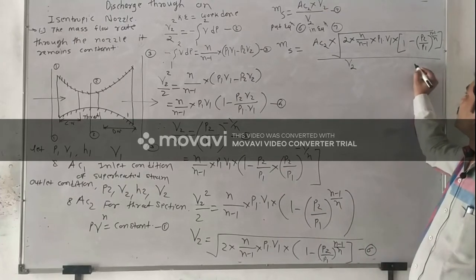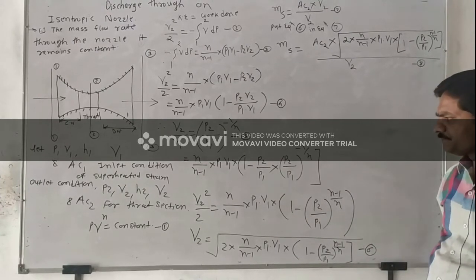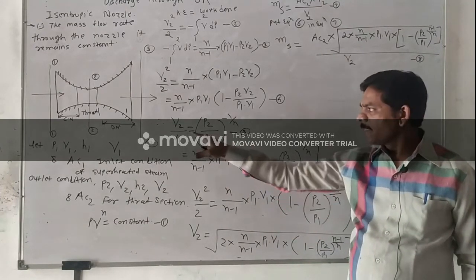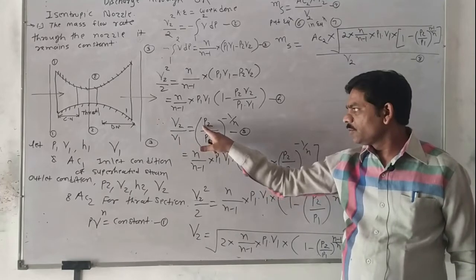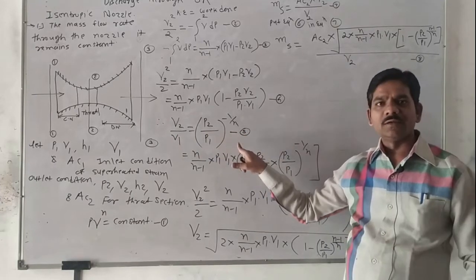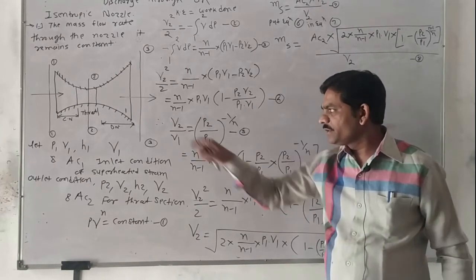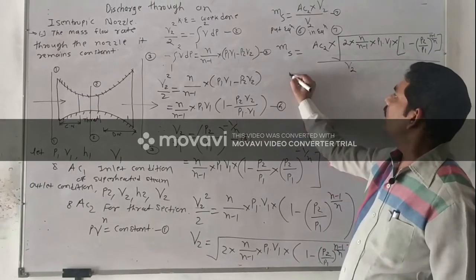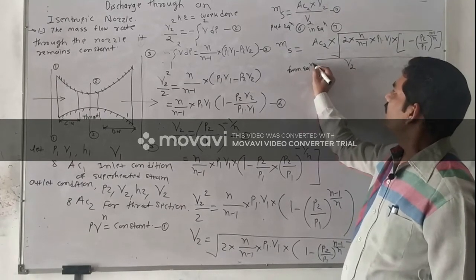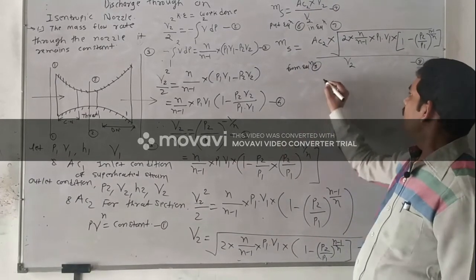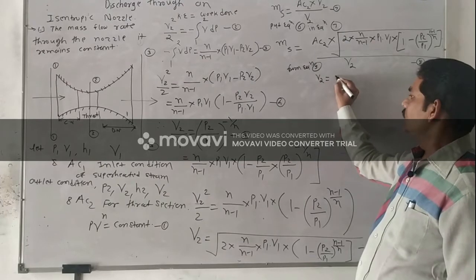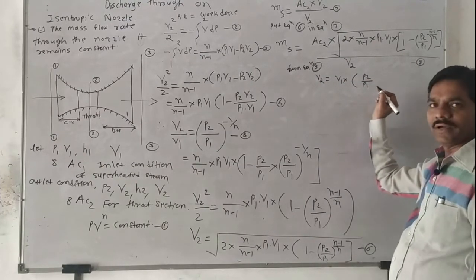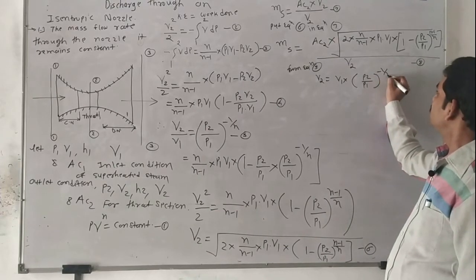So suppose this is equation number 8. So students, we have this relation, equation 5: V2 upon V1 is equal to P2 upon P1 to the power minus 1 by n. So from equation 5, we obtain v2 is equal to v1 into P2 upon P1 to the power minus 1 by n.